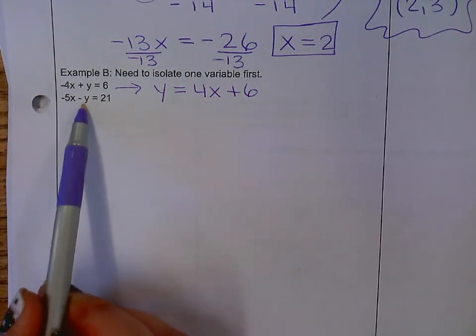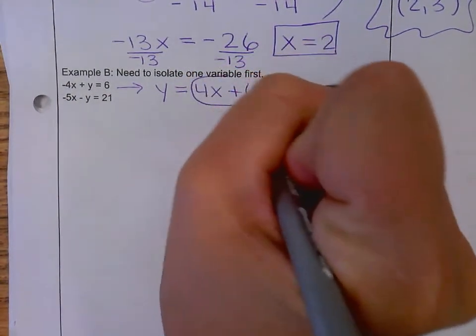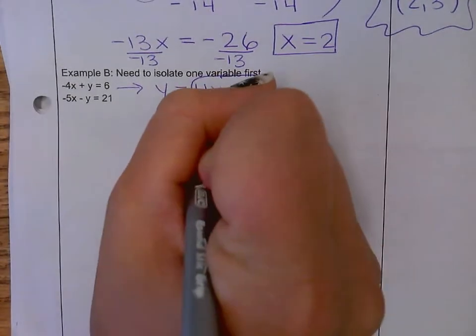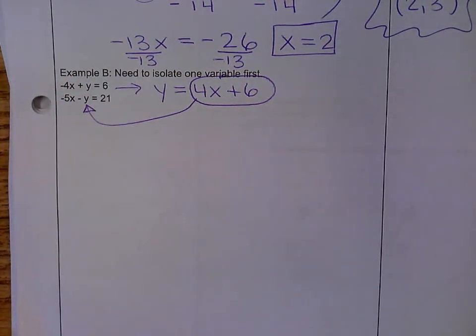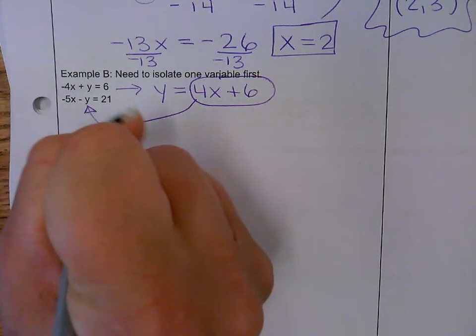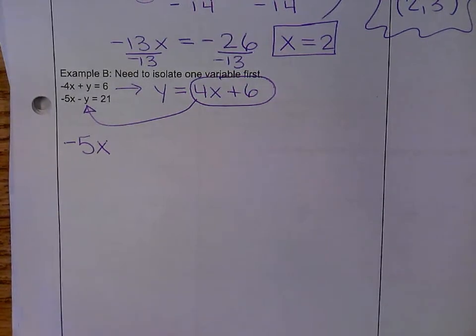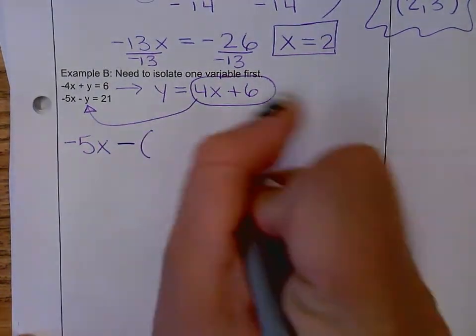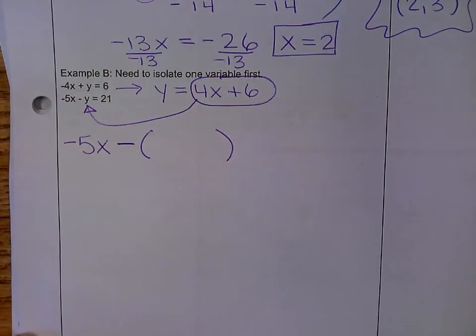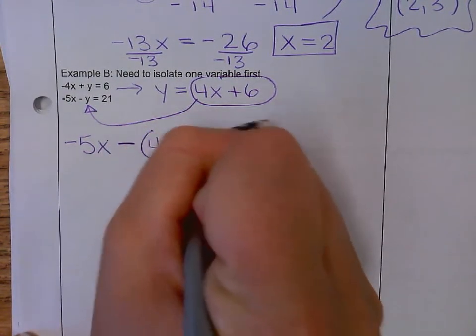All right, so circle what y is equal to and draw an arrow to where that's going to go in the other equation when you substitute it in. It'll make it easier for you to follow the steps. Now we rewrite that other equation. So negative 5x stays the same. The minus sign is still going to be there, but instead of y, I'm going to write 4x plus 6 in its place.